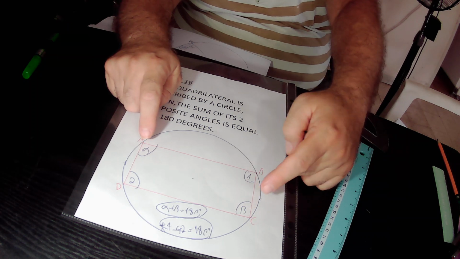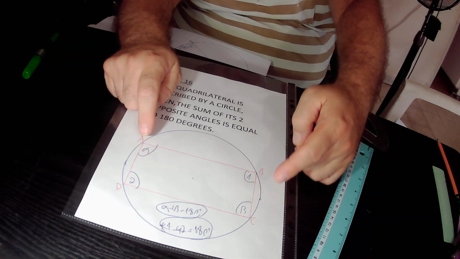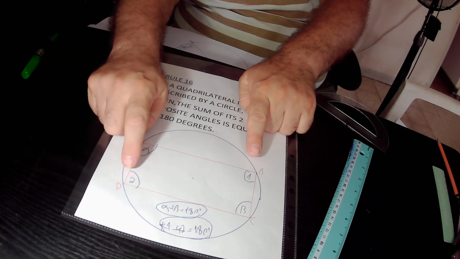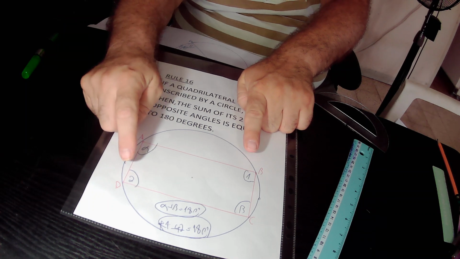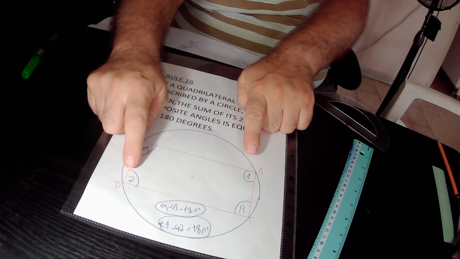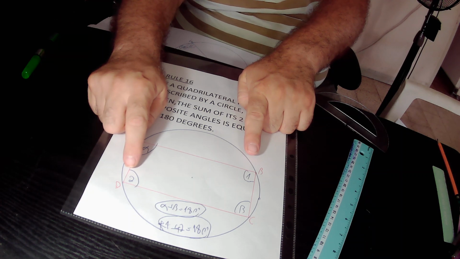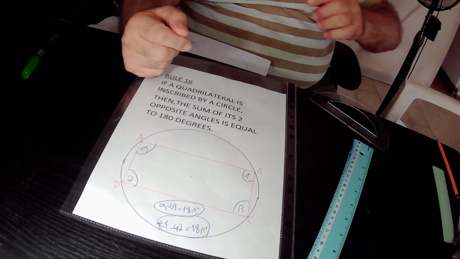That is to say, alpha plus beta is equal to 180 degrees. Likewise, those two angles are also opposite angles of quadrilateral ABCD, and therefore angle 1 plus angle 2 is equal to 180 degrees according to rule 16.